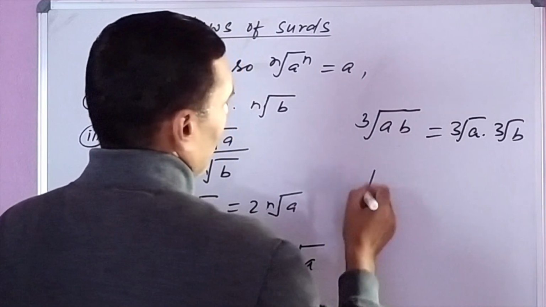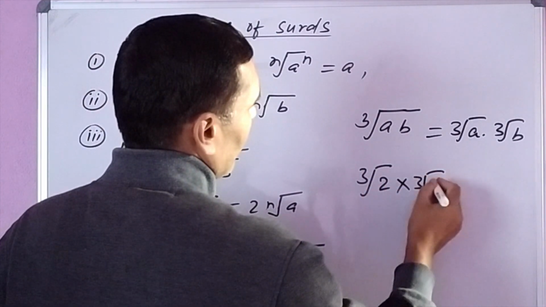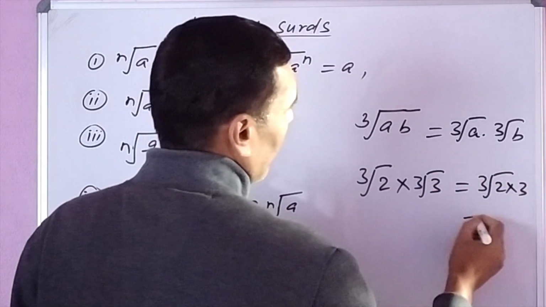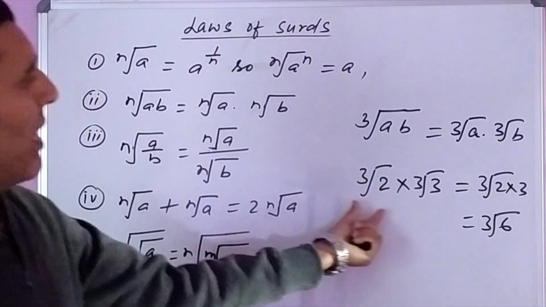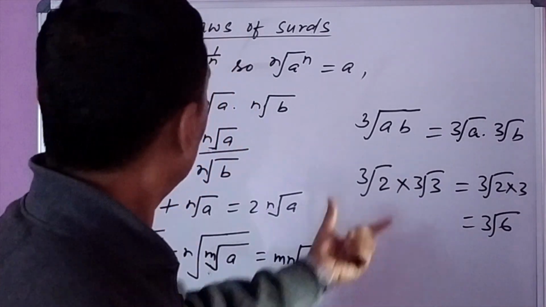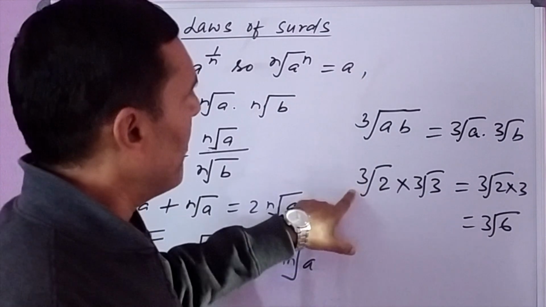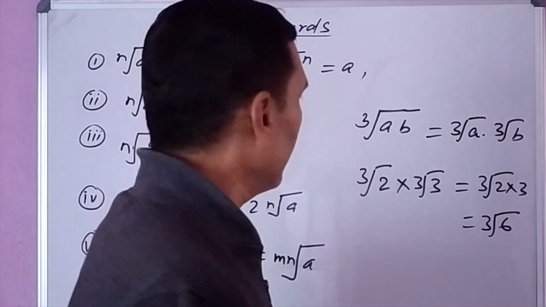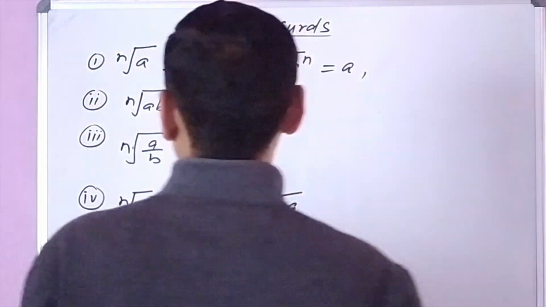Or sometimes if we have cube root of 2 into cube root of 3, it can be written as cube root of 2 into 3, that is cube root of 6. If we have the multiplication of two sorts with the same order, then keeping the order same, only the radicands are multiplied. This is the second law of sorts.